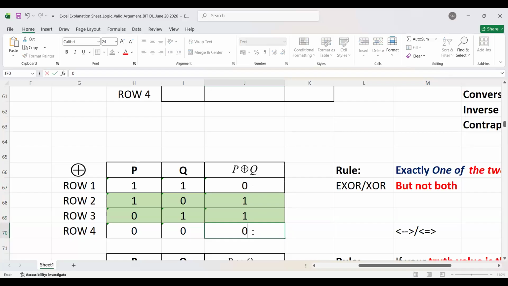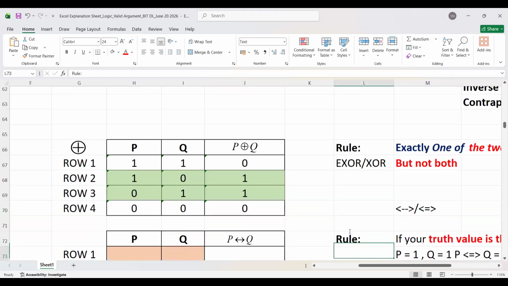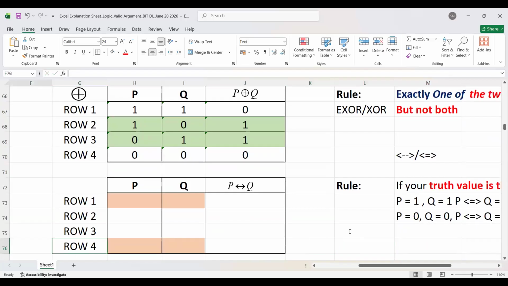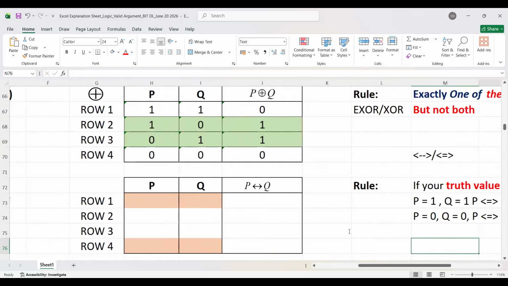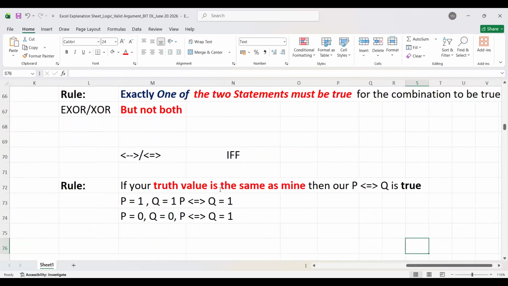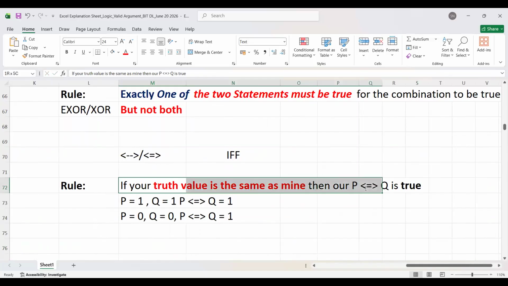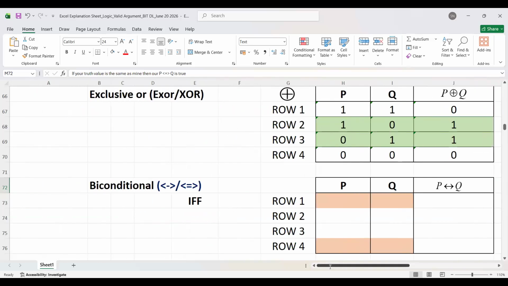Okay, so that was the fourth one. The fifth one was biconditional. The biconditional connective. The phrase is "if and only if." Now let's look at the rule. If your truth value is the same as mine, then P biconditional Q is true. When we are joined using the connective biconditional, then our truth value will be true.